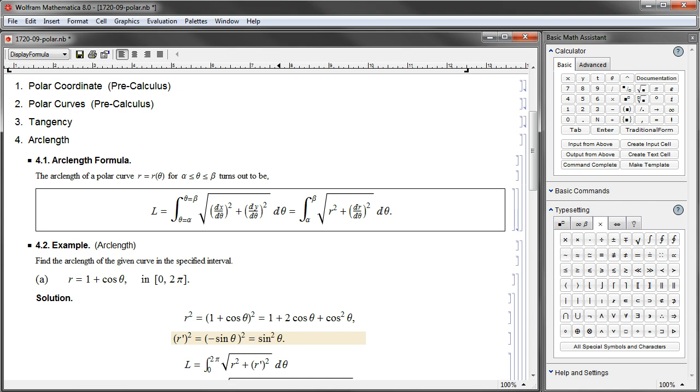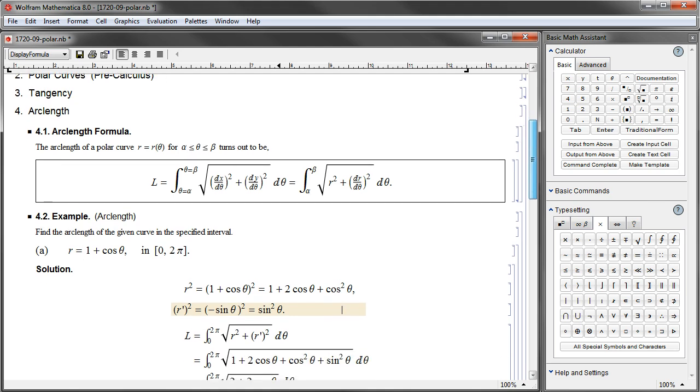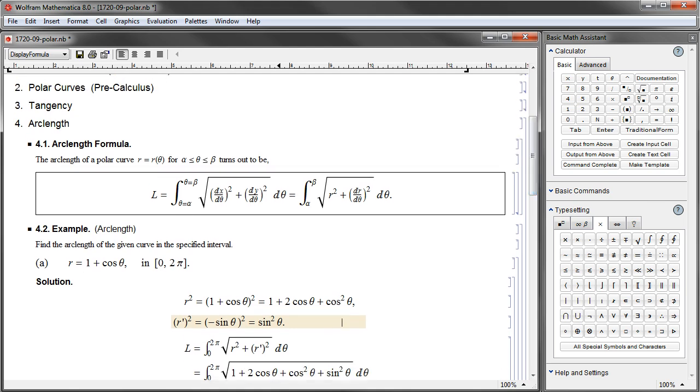If you add them up, what do you get? 1 plus 2 cosine of theta plus cosine squared plus sine squared, which is right over here.